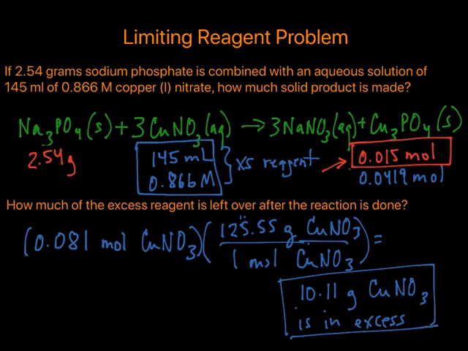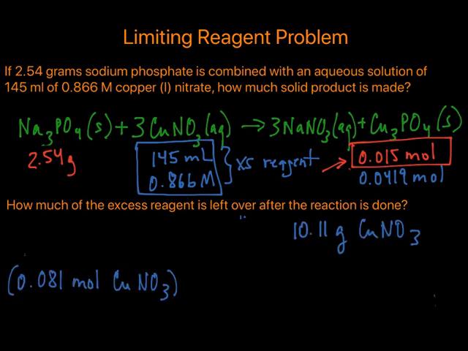Again, if the teacher wants the volume of copper nitrate, we can do that also. Since we know moles of copper nitrate, we can turn this value into volume since we know the molarity. So let me show you how to do that. If the teacher wants to ask the volume of excess reagent, since we know the molarity, 0.866 moles is in the denominator and 1 liter is up here.